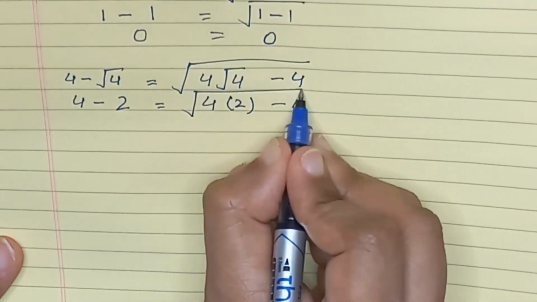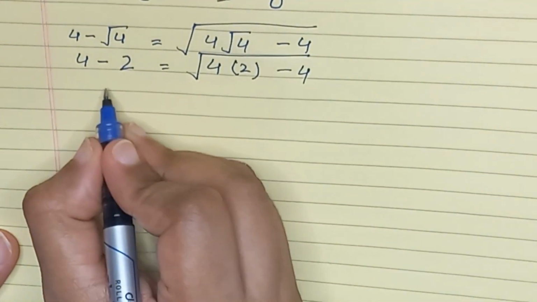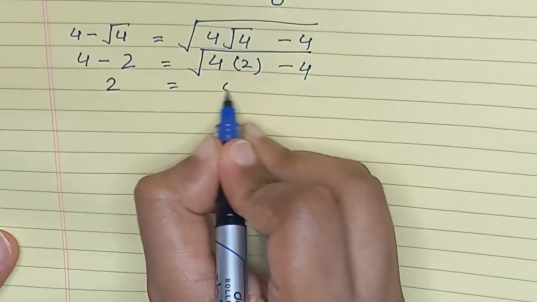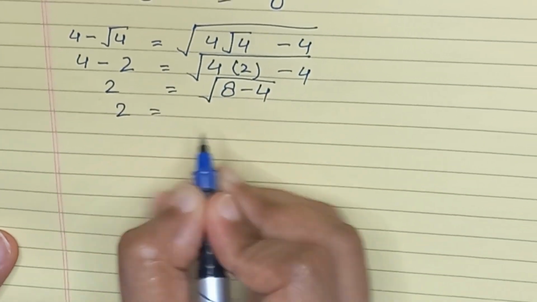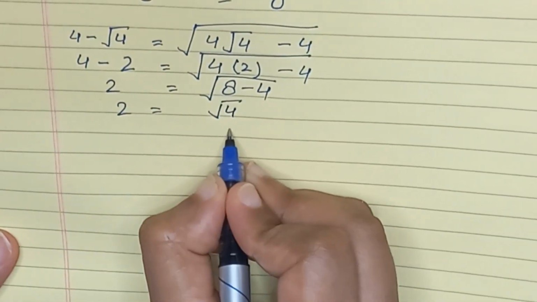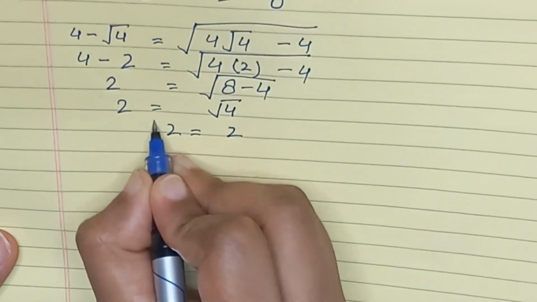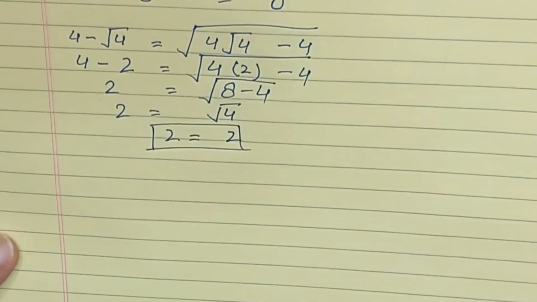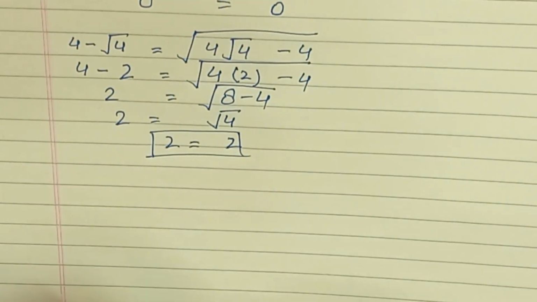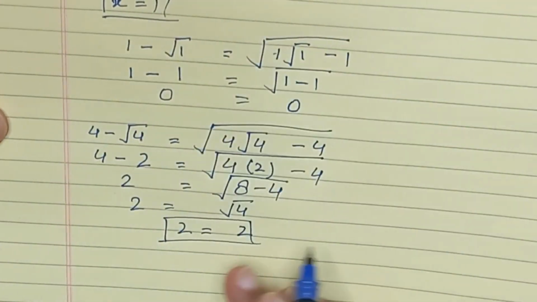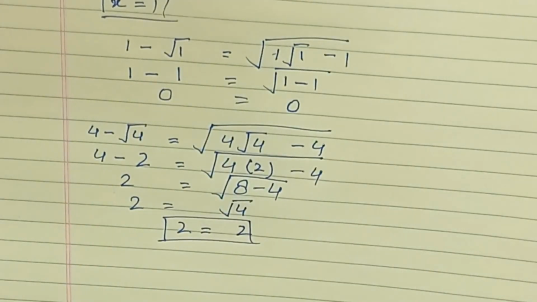So 2 is equal to the square root of (8 minus 4), so 2 is equal to square root of 4, and square root of 4 is equal to 2. So both sides are equal. It means all the values of x, which are 0, 1 and 4, satisfy our given equation.